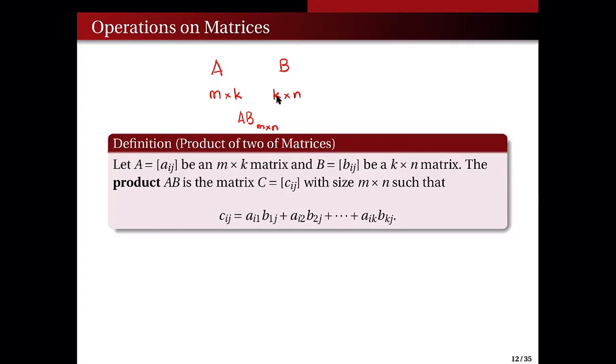Okay? So left factor, okay, number of columns equals right factor number of rows.